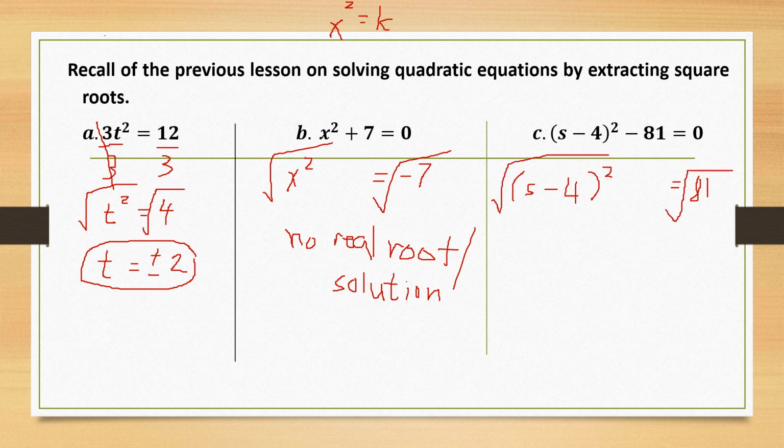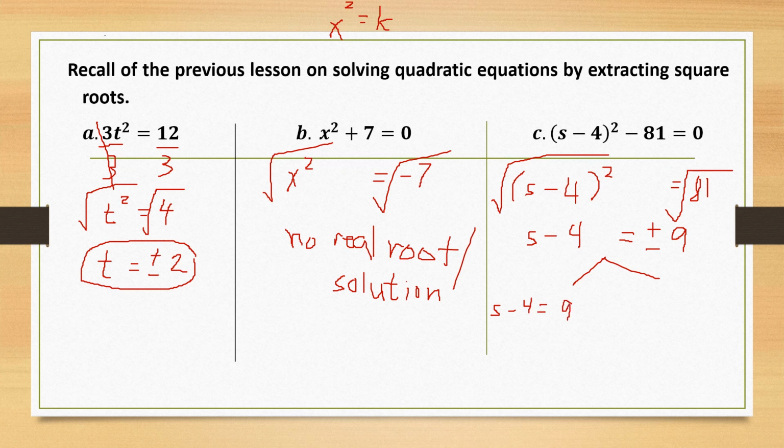So, the square root of quantity s minus 4 raised to the second power is s minus 4. And the square root of 81 is positive and negative 9. Now for our solution, first solution, we have s minus 4 is equal to positive 9.